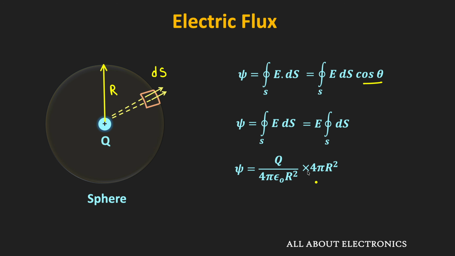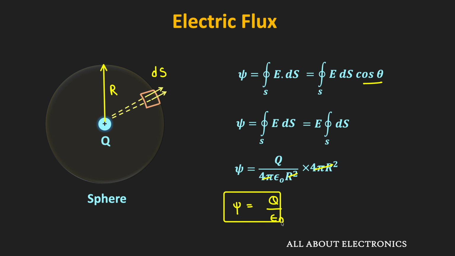And like I said, the surface area of this sphere is equal to 4 pi times r square. So here, these two terms will get cancelled out and eventually this psi can be given as q divided by epsilon naught. That means the total flux that is passing through the closed surface area is equal to the charge that is enclosed by the surface area divided by the epsilon naught.